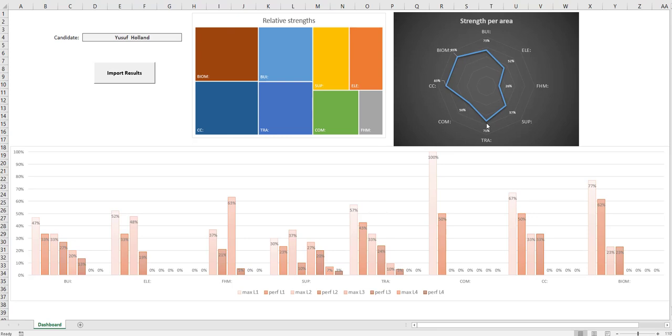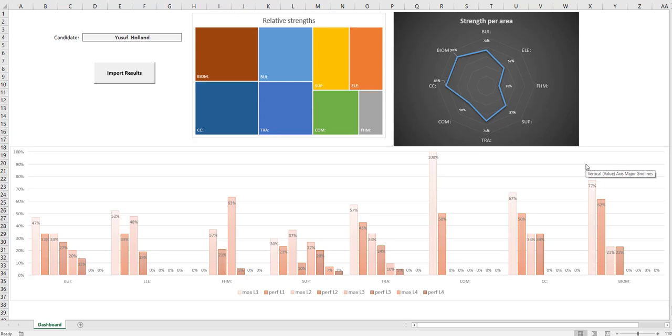Here we see also transport and construction has been quite strong. So those two blocks give a visual overview of the strengths, the areas that the candidate seems to be good at based on the answers of the intake test.